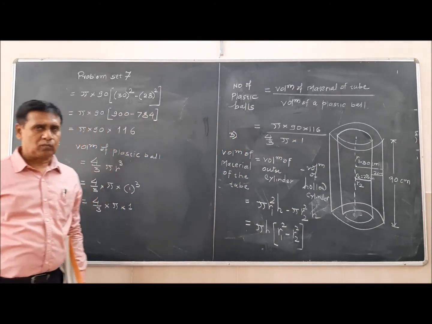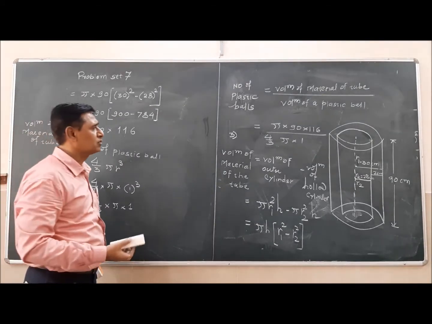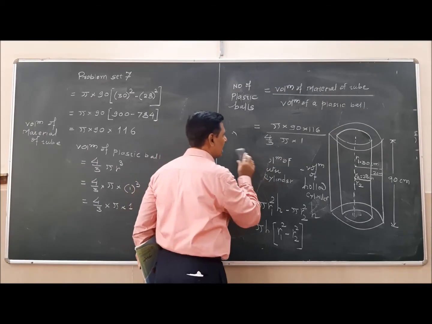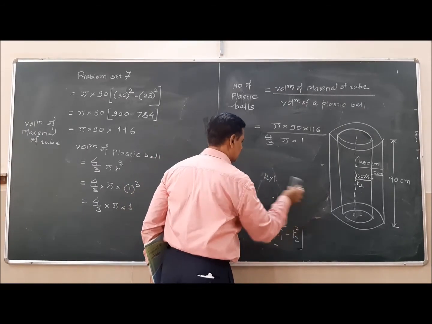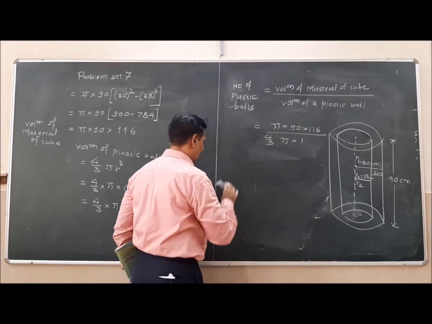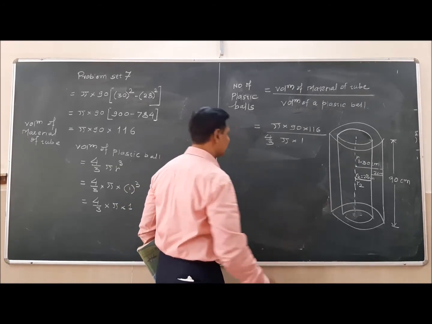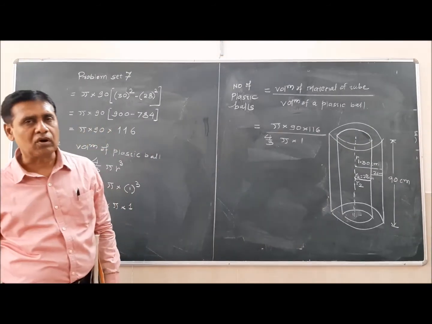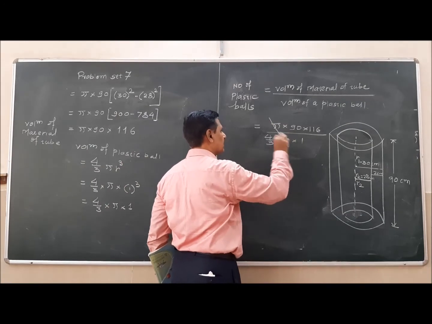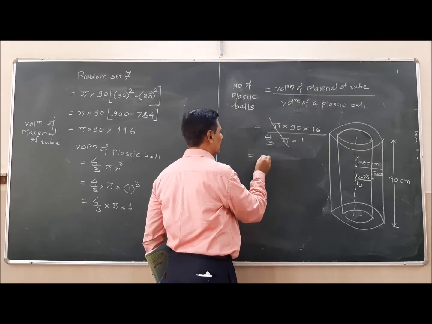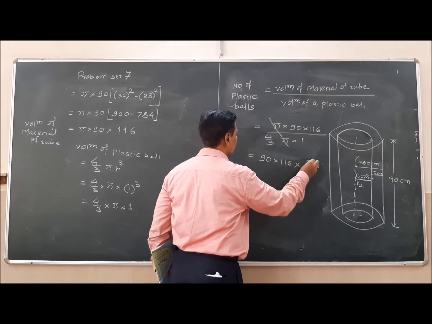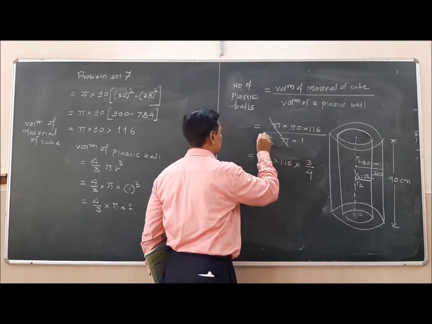By now you must have come to know why I keep pi as it is. I did not substitute the value of pi at all. The reason being that I am obtaining the volume of material as well as the volume of the sphere, both of them along with pi. So this pi and pi will get cancelled. Now I am going to transfer 4 upon 3 into the numerator.